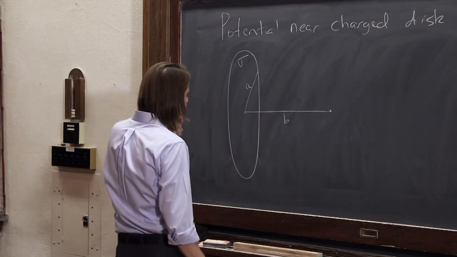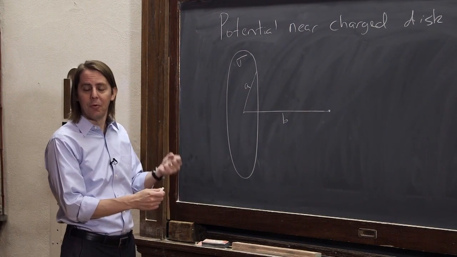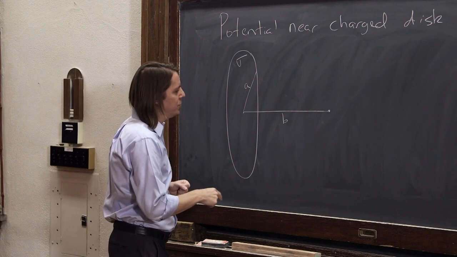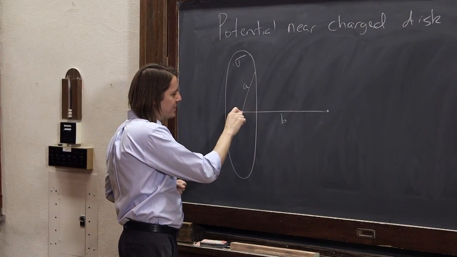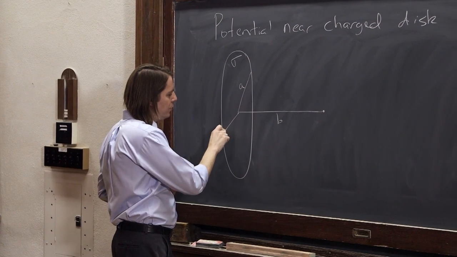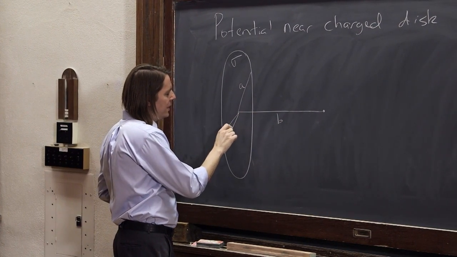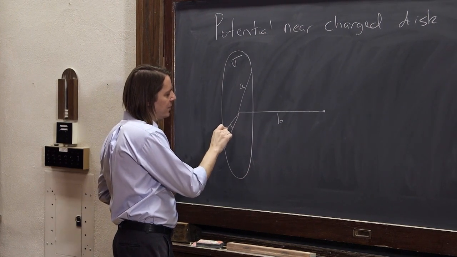Well, since we don't have a formula for the potential of a disk, only the formula for the potential of a point charge, we break it up into a little piece of charge. Remember, for the disk, you draw two radii coming out like that. I go out to this radius, and I go out another radius.